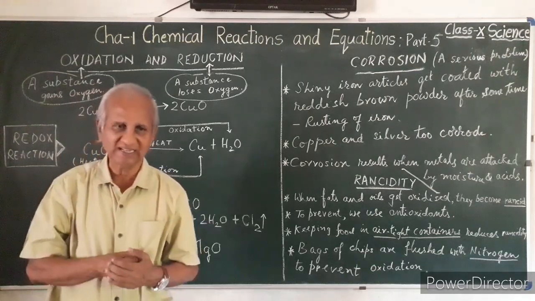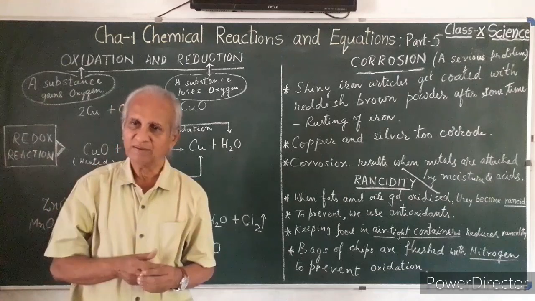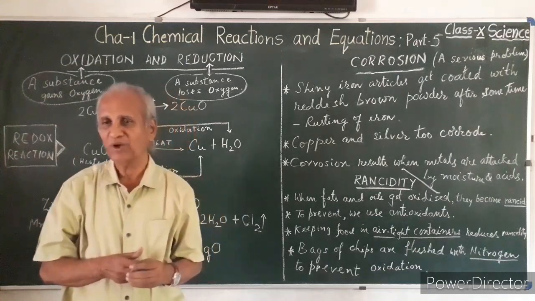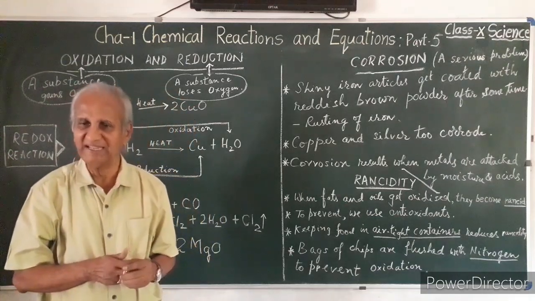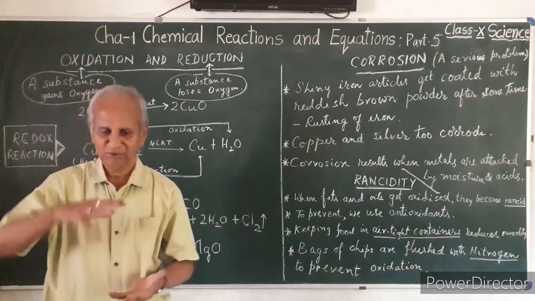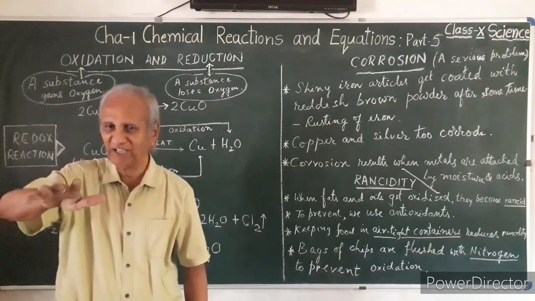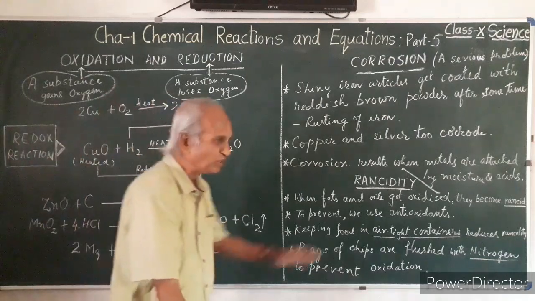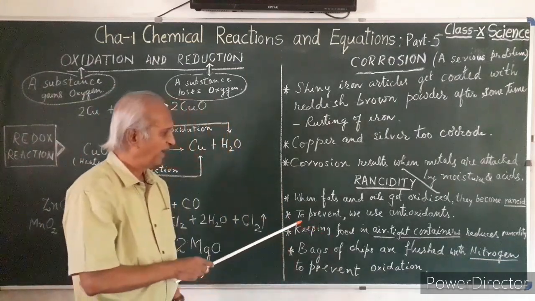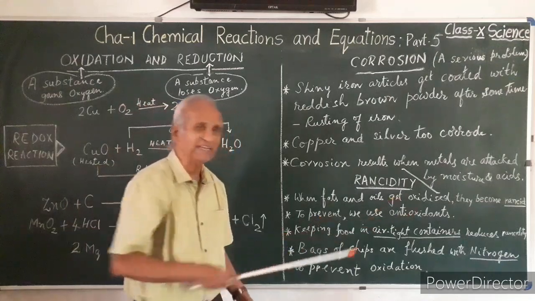So always it's said, when you want to preserve oily items, then you have to put them in airtight containers and put the lid very, very tight. So that's one way. Otherwise, to prevent it, we use even antioxidants.